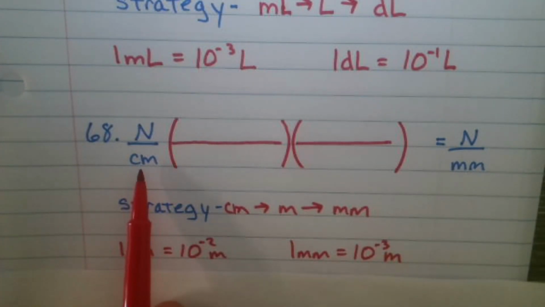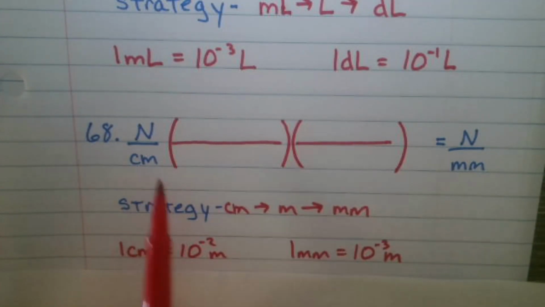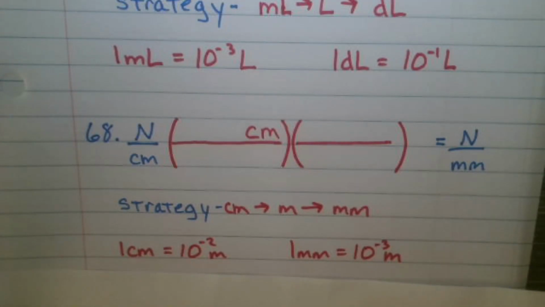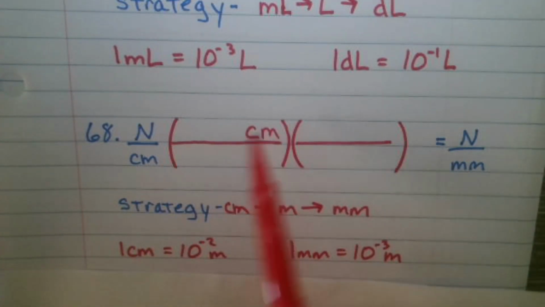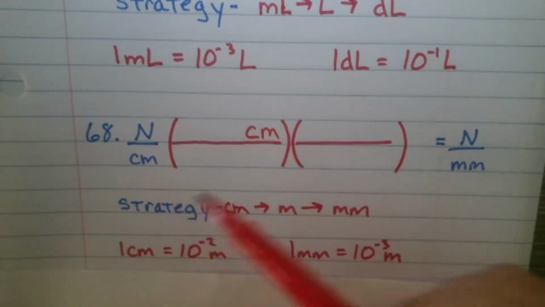We're going to set this up like a puzzle. Notice how centimeters are on bottom. Well, I want centimeters on top in this conversion factor, and I want that because this needs to cancel. Anything over itself cancels, whether that's a number, a unit, a symbol, it doesn't matter. Anything divided by itself is 1, so that cancels.